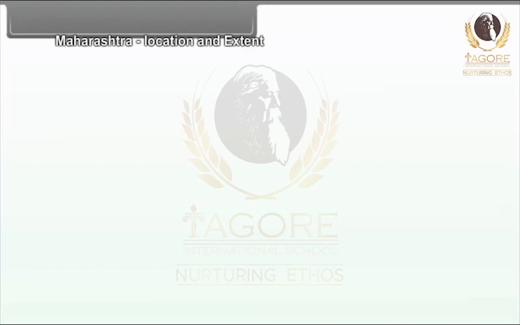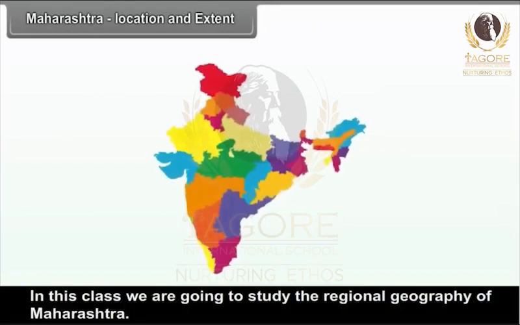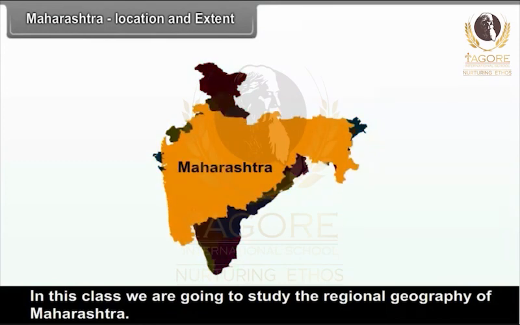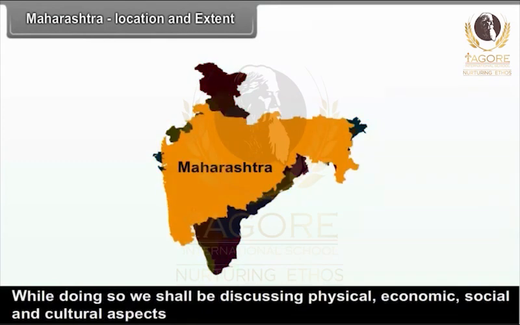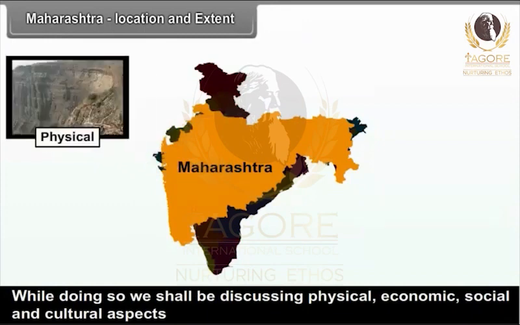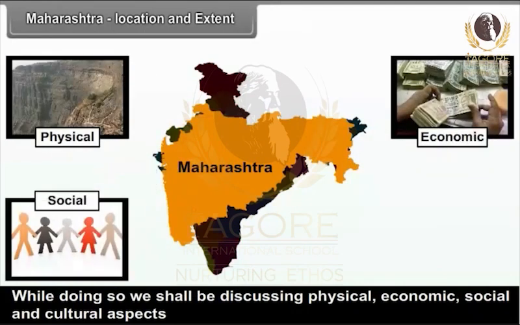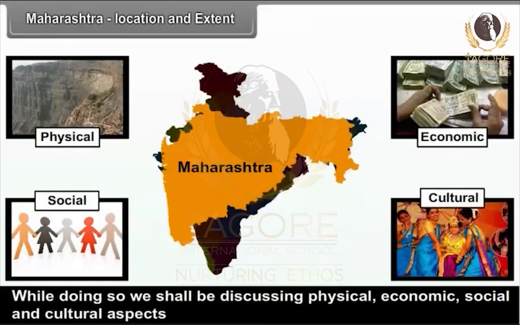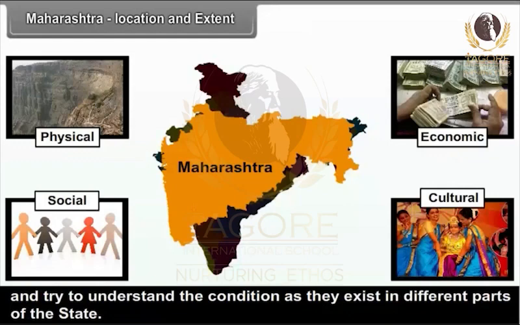In this class, we are going to study the regional geography of Maharashtra. While doing so, we shall be discussing physical, economic, social, and cultural aspects and try to understand the conditions as they exist in different parts of the state.